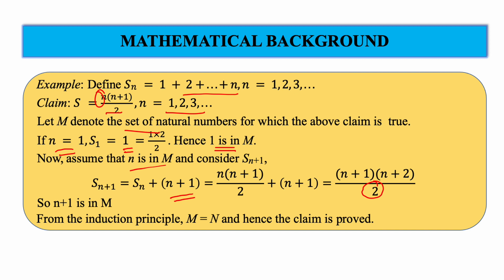So this satisfies the property that if n is in M, then n plus 1 is also in M. Therefore, from the induction principle, M equals N. Hence the claim is proved. So this is the way to prove a claim using mathematical induction. We will need it somewhere during this course.